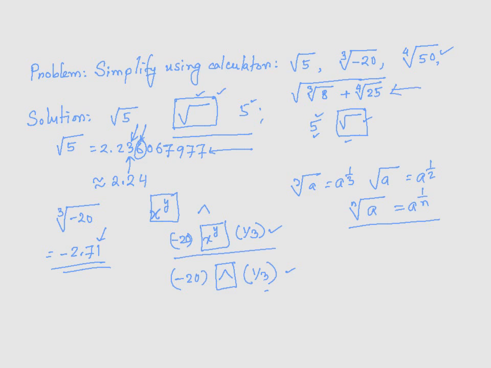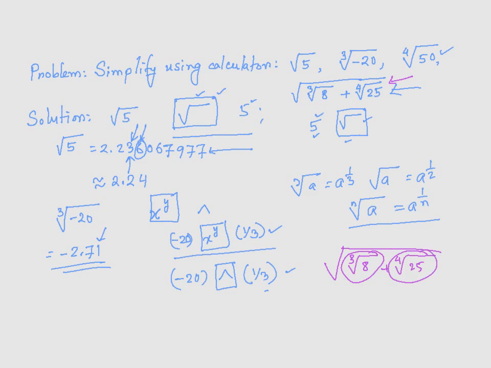This one is going to be square root of cube root of 8 plus fourth root of 25. The easiest way to do this would be to find the cube root of 8 first and the fourth root of 25, and then add these two numbers.